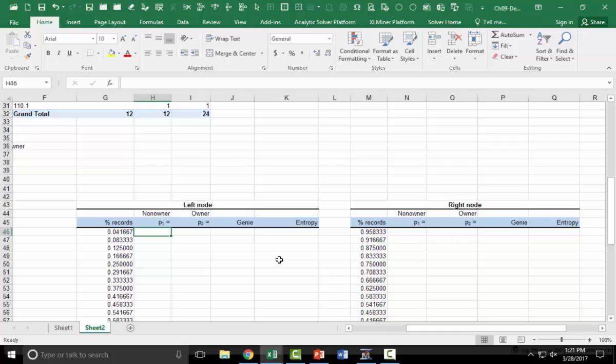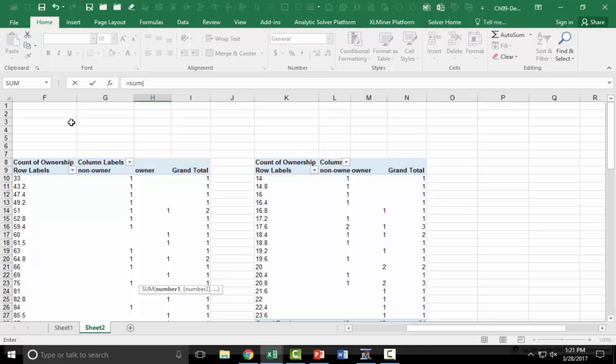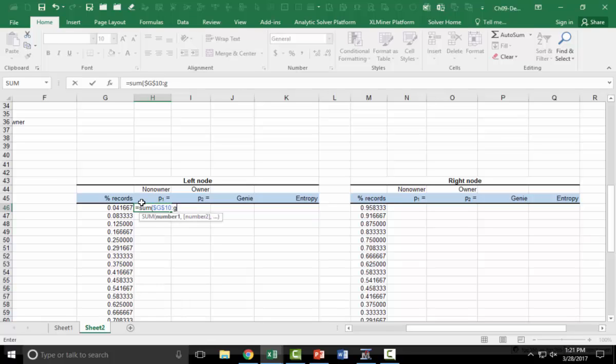Now the probabilities, for non-owner and owner. It will again be the sum of G10, and we absolute reference that through G10, divided by the sum of I10 through I10.